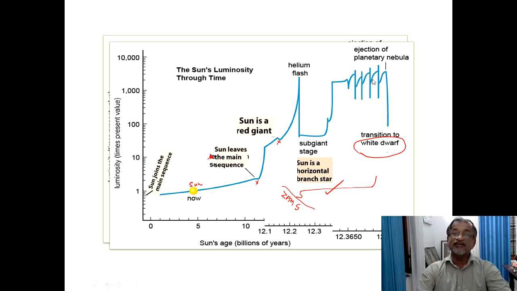Here the planetary nebula is ejected from its surface. And finally, after 12.36 billion years, the sun ejects its planetary nebula and it becomes a complete white dwarf. So this explains the life history of the sun.